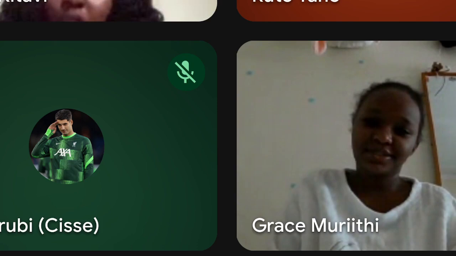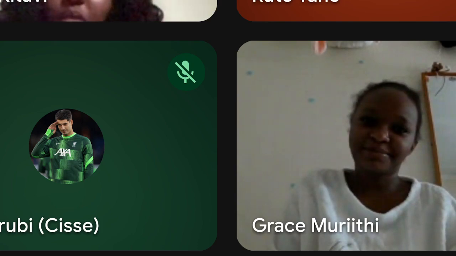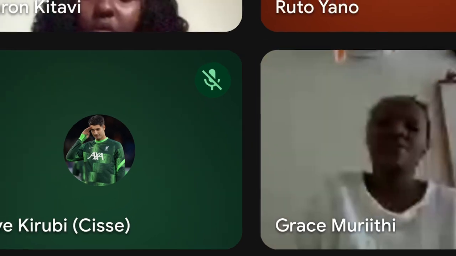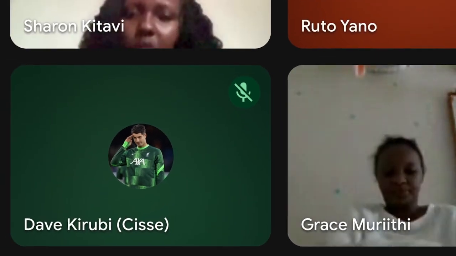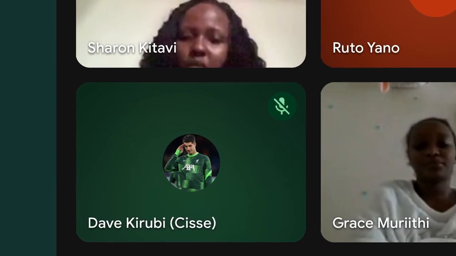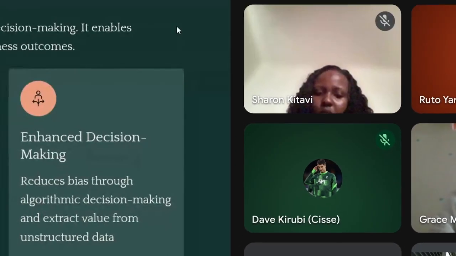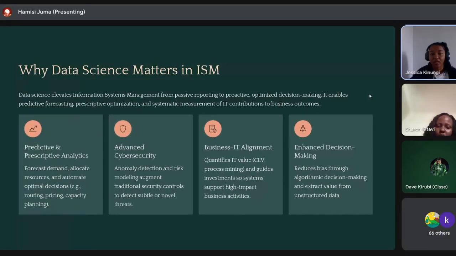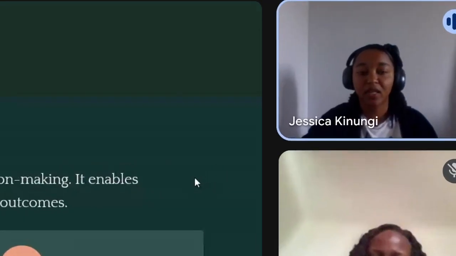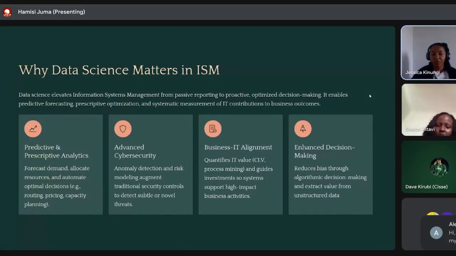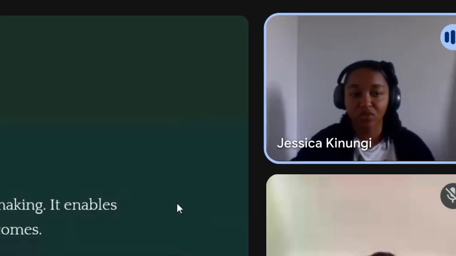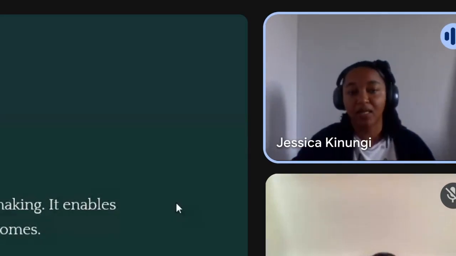And then there's business IT alignment, which quantifies IT value and guides investments so systems support high impact business activities. And then the last one is enhanced decision making. As I had said earlier, organizations are able to do proactive decision making thanks to insights from the data.